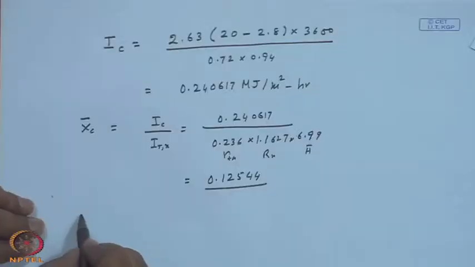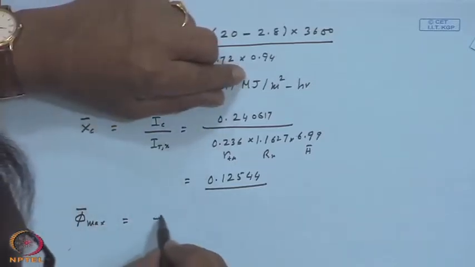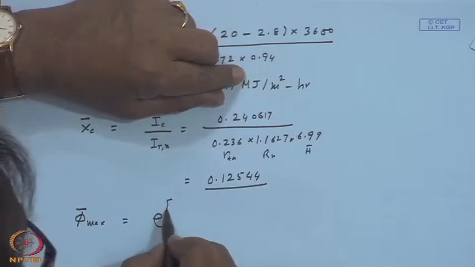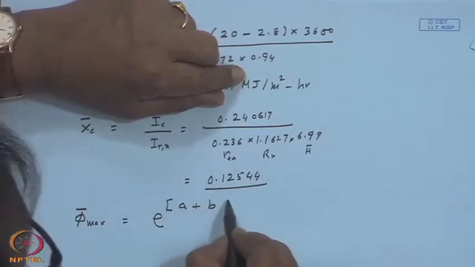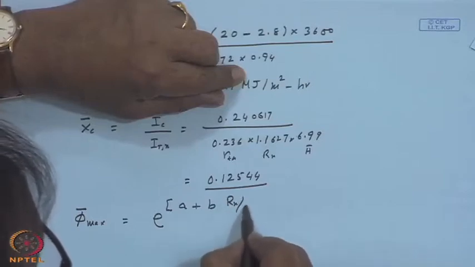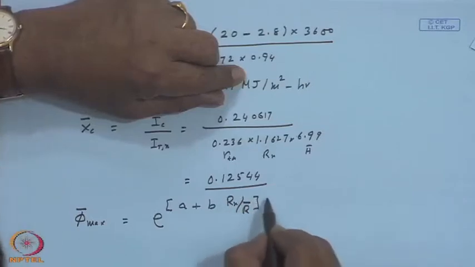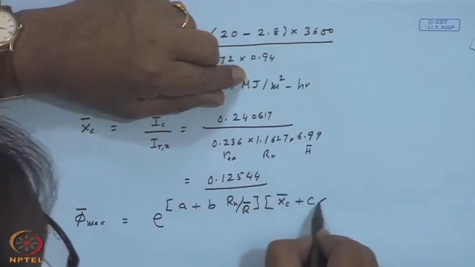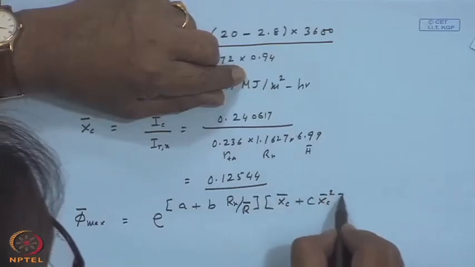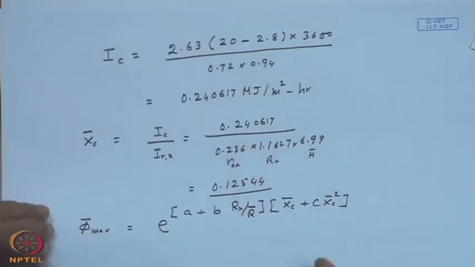Now, phi bar max will be exponential to the power A plus B times Rn by R bar times Xc bar plus C Xc bar square, right.